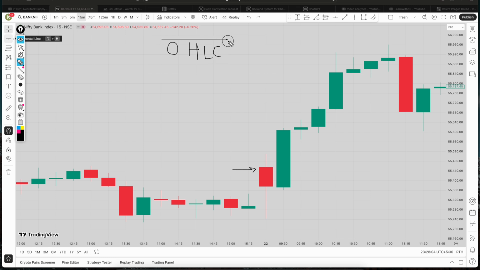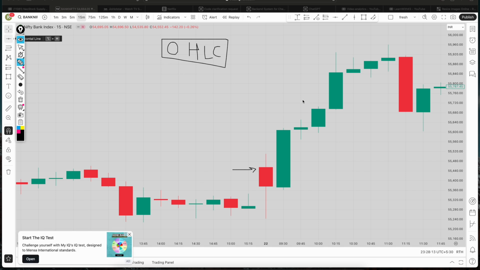This is one type of representation of trading data, and whatever we are seeing on our charting tool is OHLC data, that is open, high, low and close, shown in one bar, which can be either a green color or a red color. This is an important aspect because we are dealing in charts.